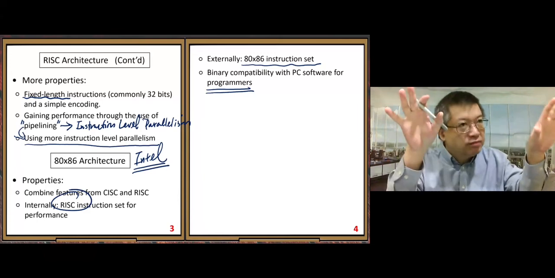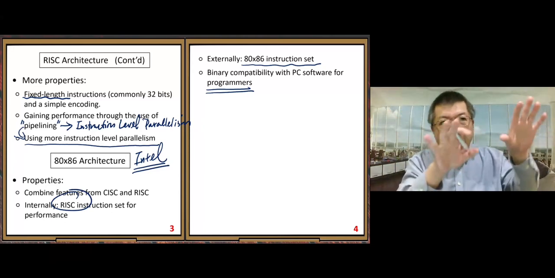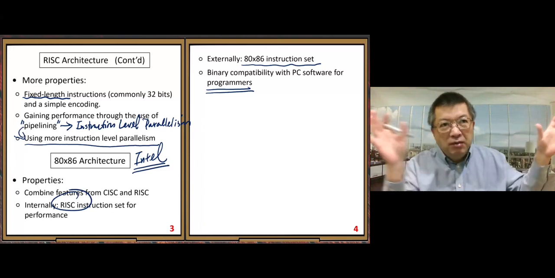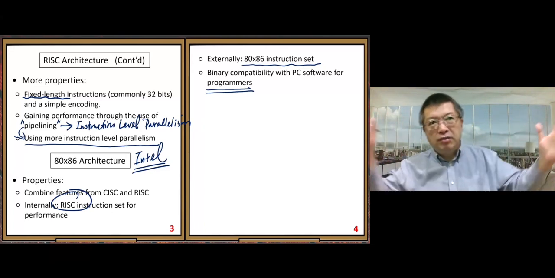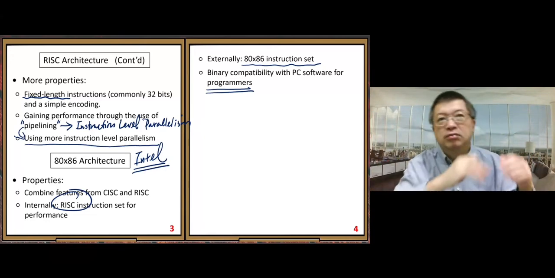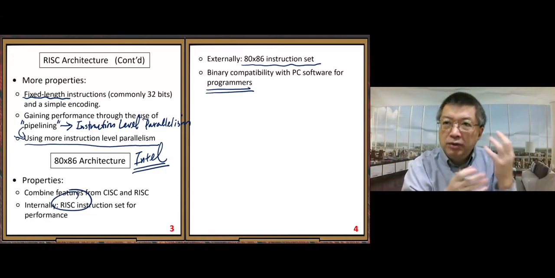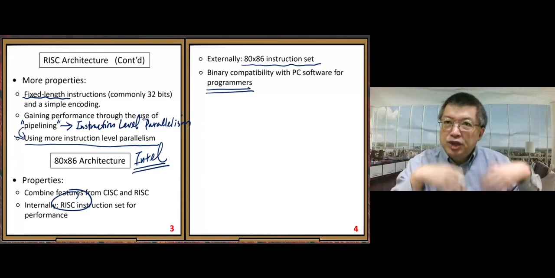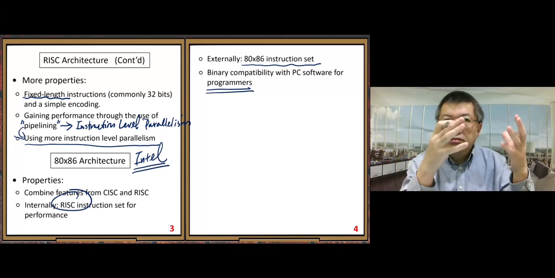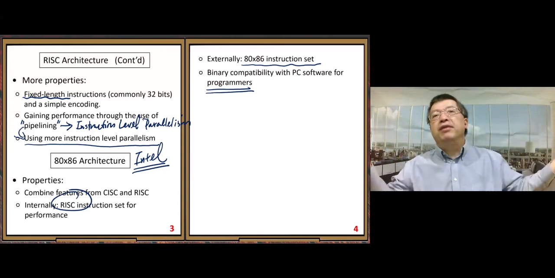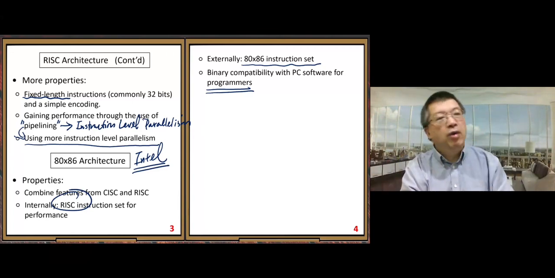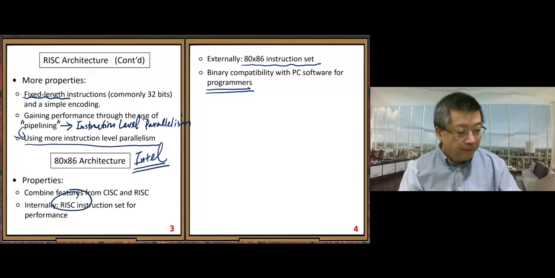So the external part of the instruction set is variable length, sometimes longer, sometimes shorter, sometimes more complex, sometimes simpler, for the programmers.